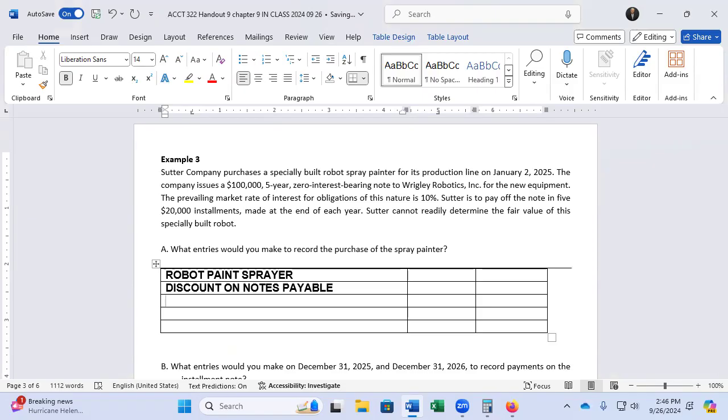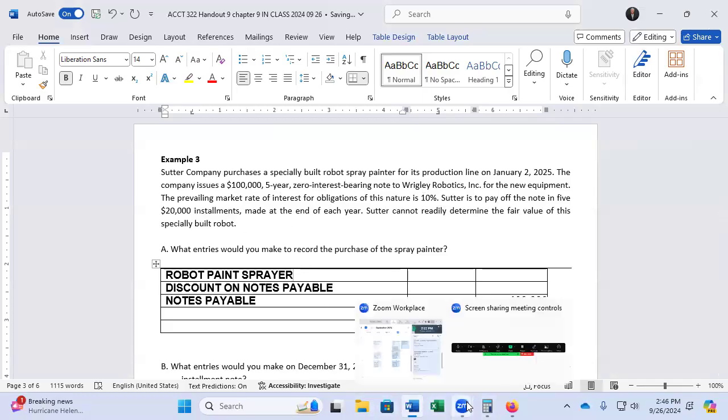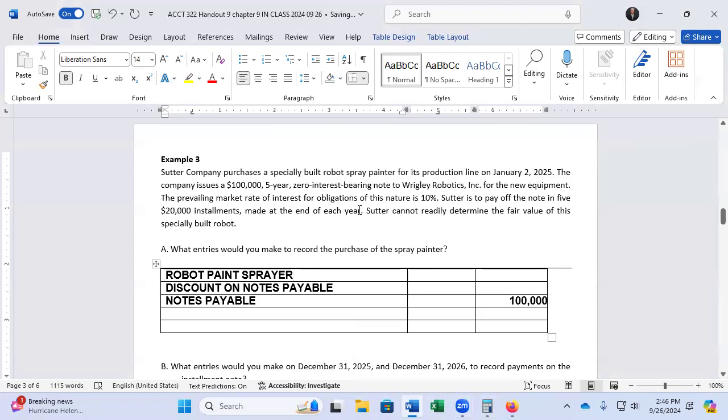And then we'll have notes payable. And that's the easy one, 100,000. And so now we have to find, remember we have an annuity table and it's 10% and it's 5 installments made at the end of the period.